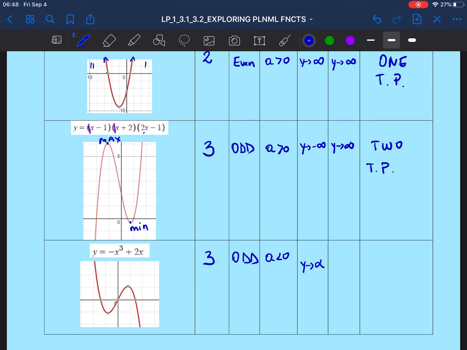So we're going to say y approaches infinity. And as x approaches positive infinity, the y values are going towards negative infinity. The function will extend from quadrant 2 to quadrant 4, and the function will have two turning points.